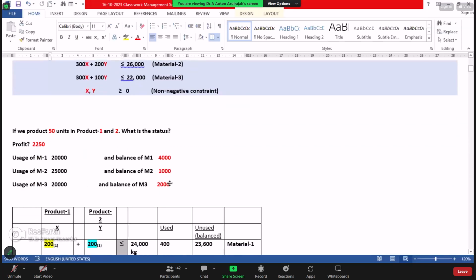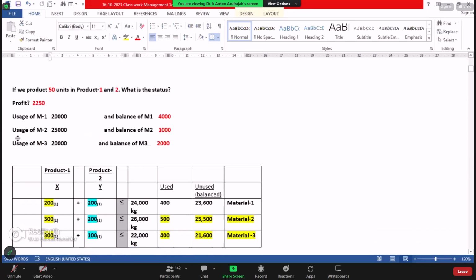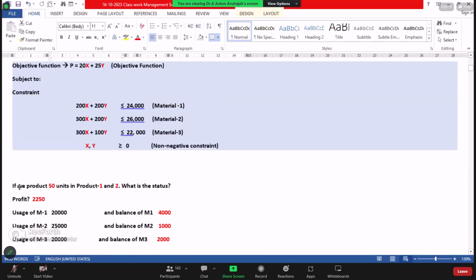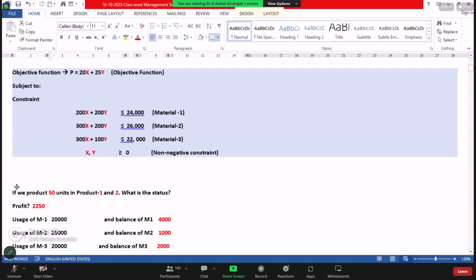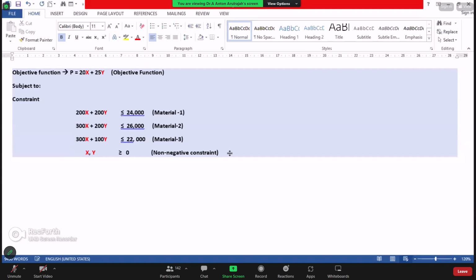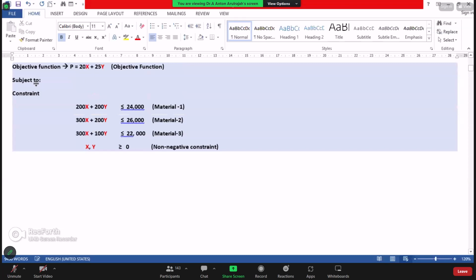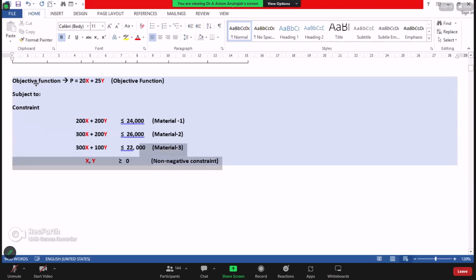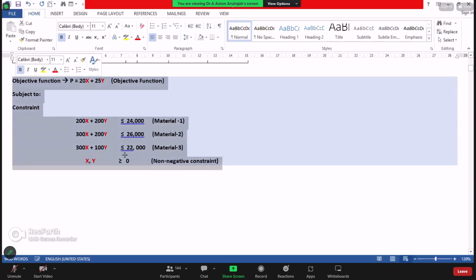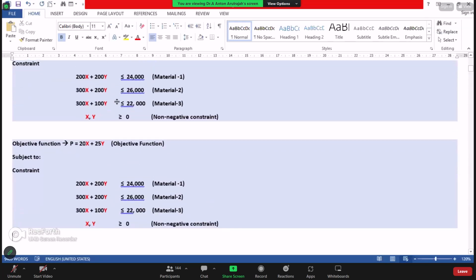Now we have to find the solution for it. Anybody? Check the solutions. Okay, now you see that. To find the solutions, we have to do some transformation process on these equations. As a first step, we have to remove these inequalities.